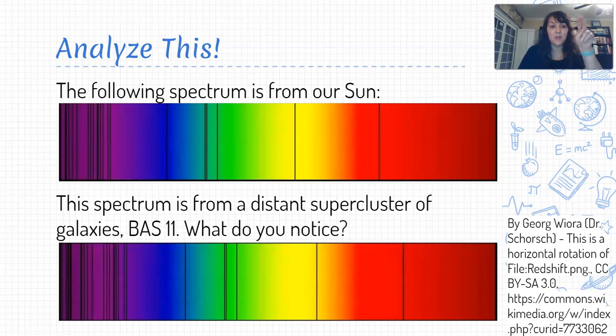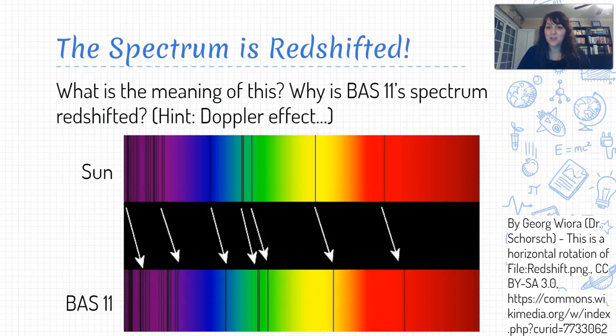We see patterns of a bunch of lines over on the left, and then a gap, and then one, and then a gap, and then two, and another one. So they follow the same sort of pattern. It's just that the BAS 11 one seems to be all shifted over to the right, where the red wavelengths are. So we might call that redshift.